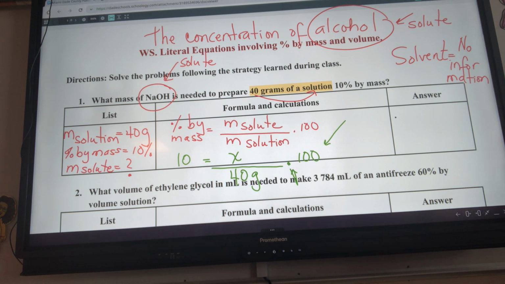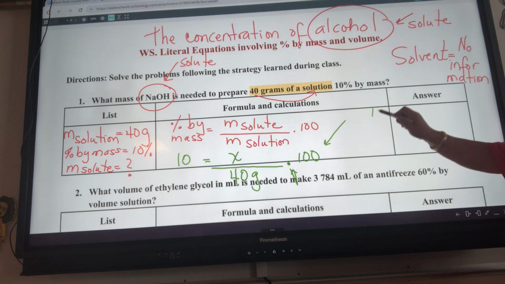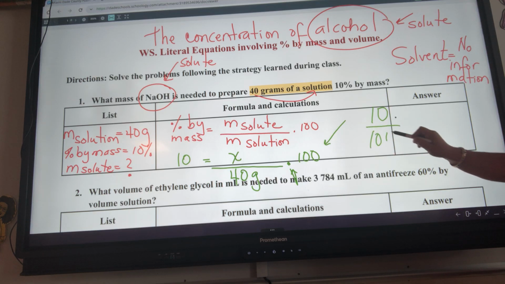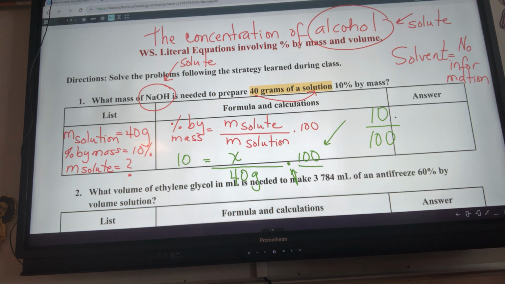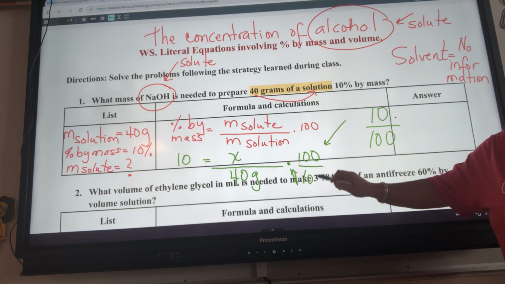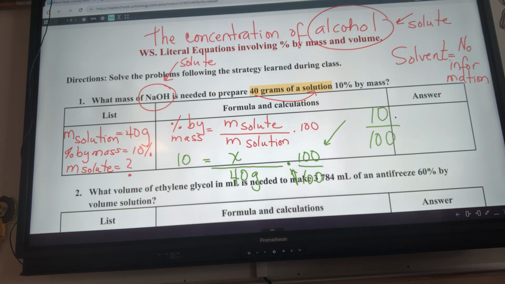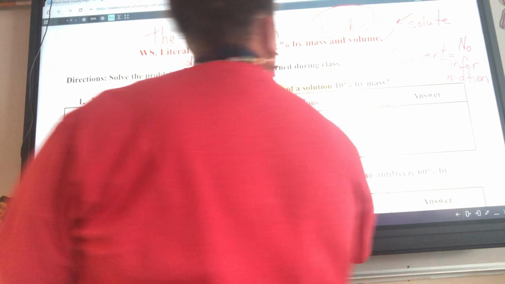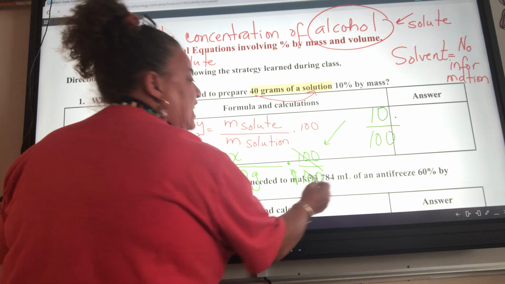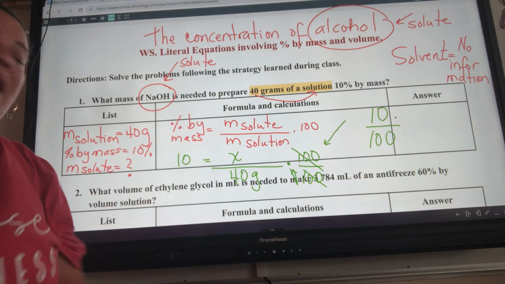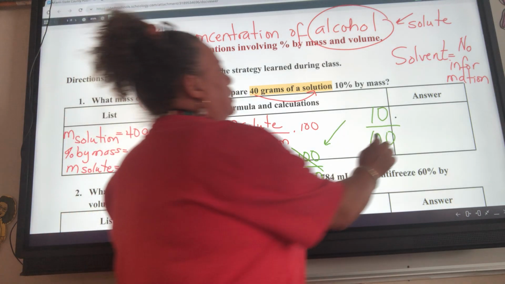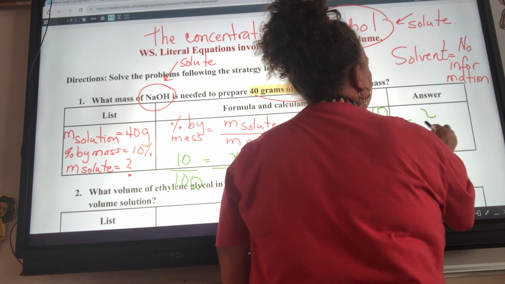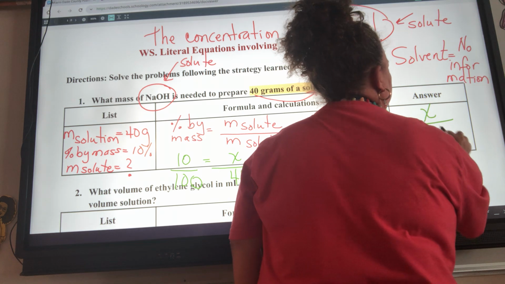I have 10 divided by 100 on the other side, because if I want to get rid of the 100, I have to apply the opposite operation, which is division. When I divide by 100 on this side, it's going to cancel. But whatever I do on one side, I have to do the same on the other. That is equal to x over 40 grams.